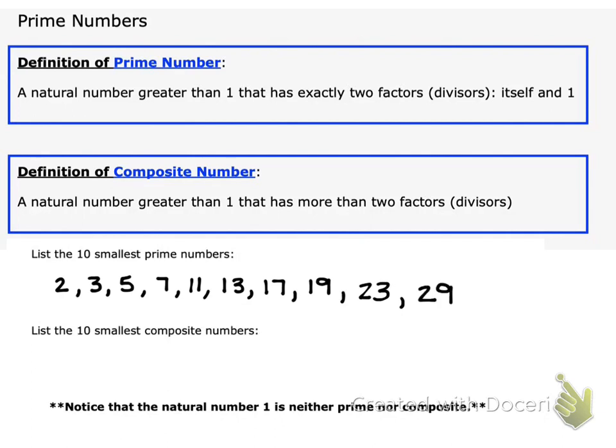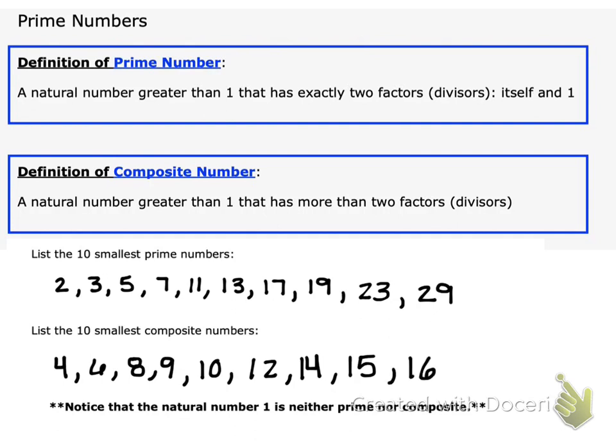Okay. Composite numbers should be easier because it's definitely all the even numbers and then some of the odds we skipped. So 4, 6, 8, and 9, 10, 12, 14, and 15, 16, 18, I don't even know how many that is. 1, 2, 3, 4, 5, 6, 7, 8, 9, 10.